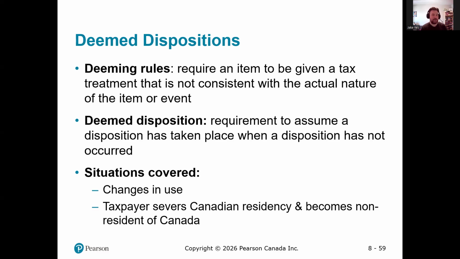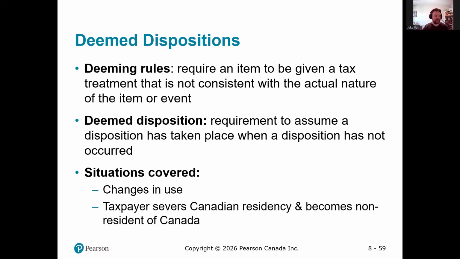So if the car value went up for some reason, I would declare a capital gain for personal use property. And then the business would use that new fair market value as its cost base to recognize any change of value in the business. So deeming rules require an item to be given a tax treatment not consistent with the actual nature of the item or event. Not consistent being, I had a personal item that is now being used for business.